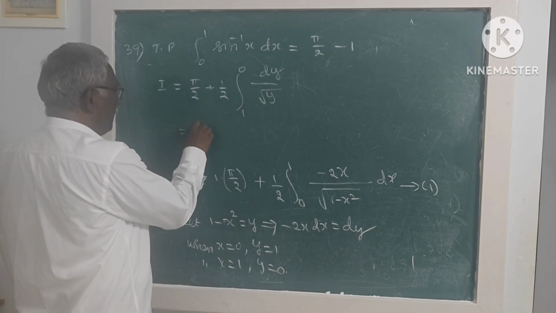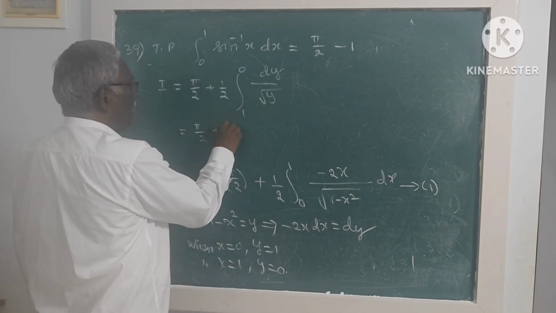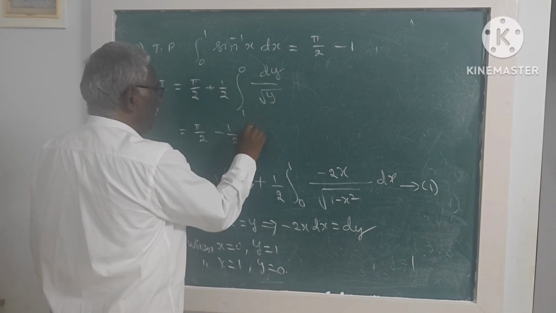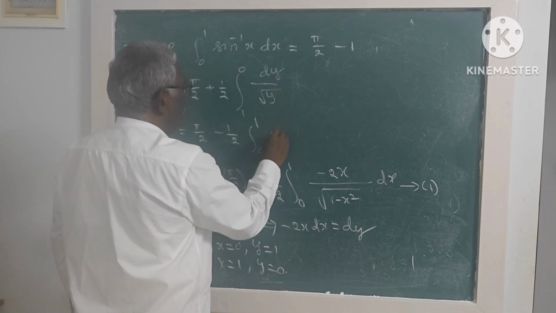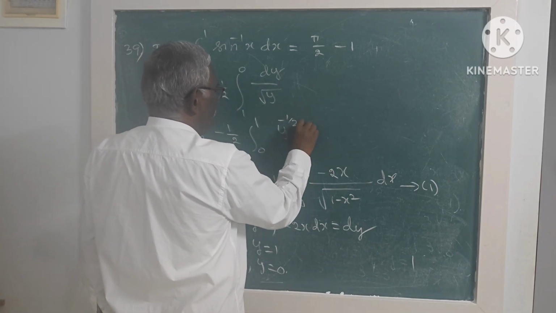So pi by 2 minus half times integral 0 to 1 y power minus half dy.